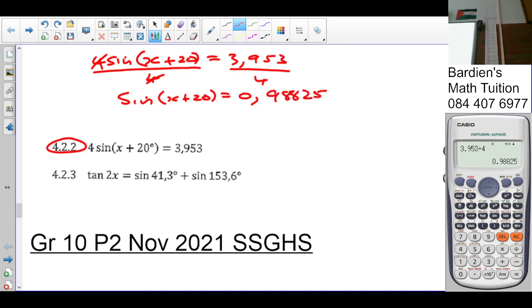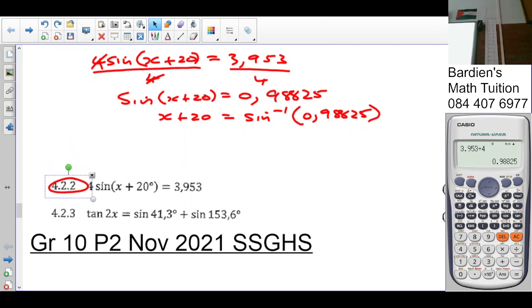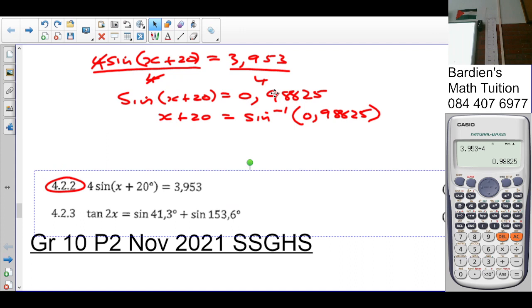Okay. Now can I take arc sine or must I take the 20 degrees over first? Arc sine first. So it's going to be x + 20 degrees equals arc sine of 0.98825. So what do we have?